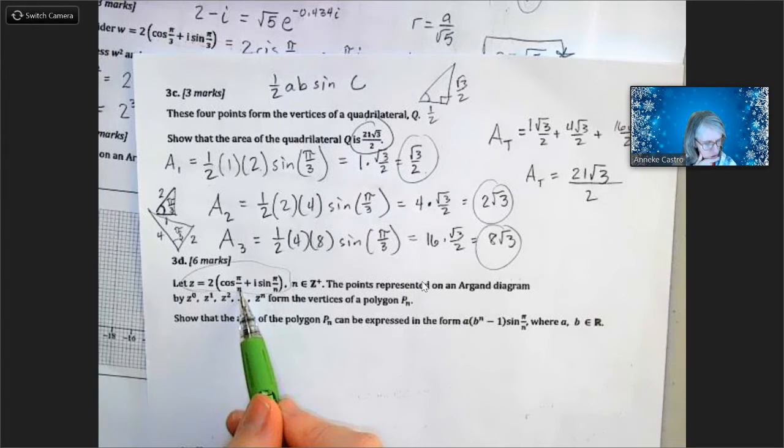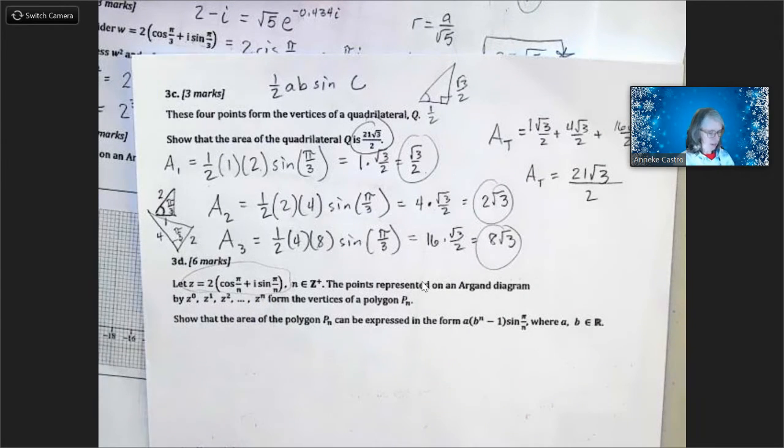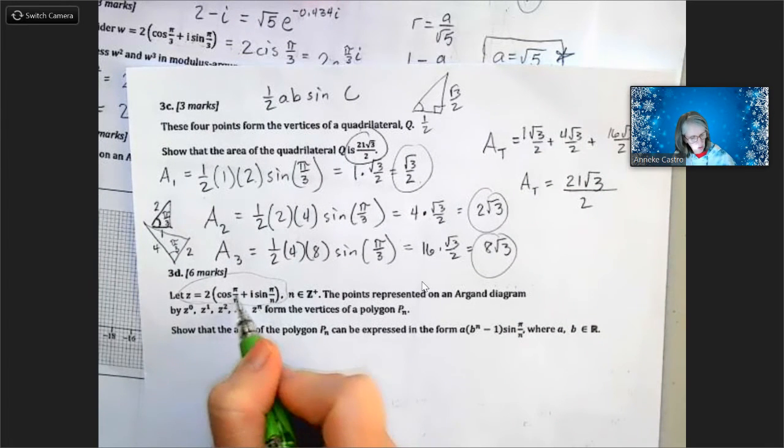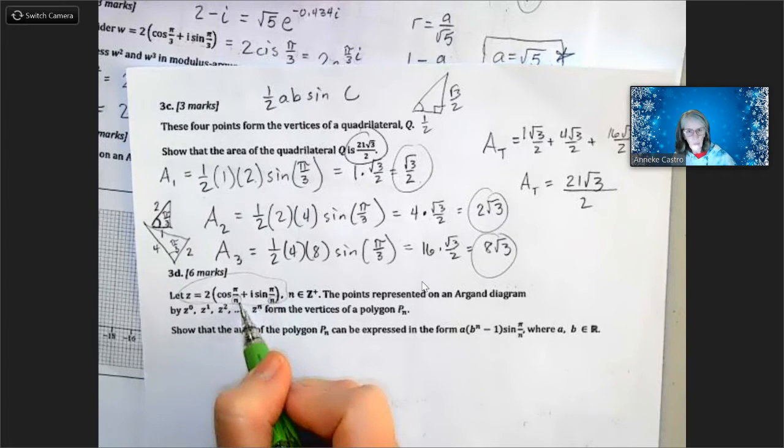If we chose any number for n, we could choose any number for n, and we are going to add together a whole bunch of triangles for whatever number of n I choose. Okay, so here's the weird part. The n on the exponent, it really doesn't matter what goes in here, what goes on the angle.